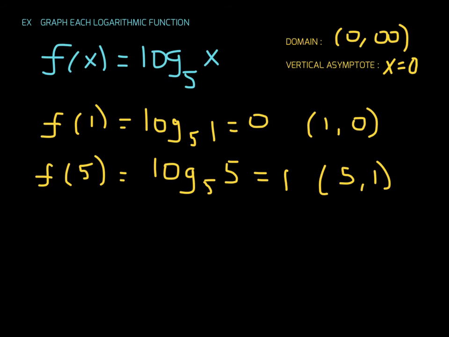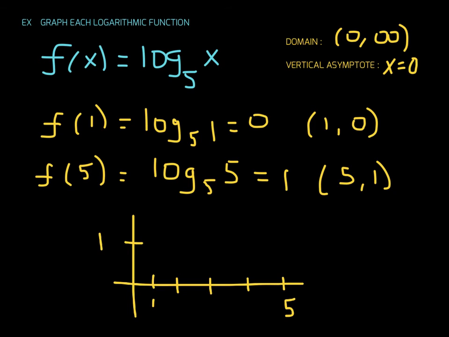Okay, we can take our 2 points, our domain, and our vertical asymptote to graph our function. All right, so let's do it now. Okay, so I'm going to say this is 1, 2, 3, 4, and 5 right over there. Say this is 1.